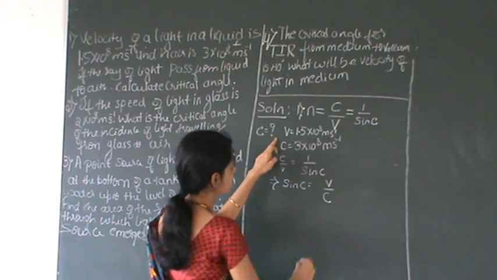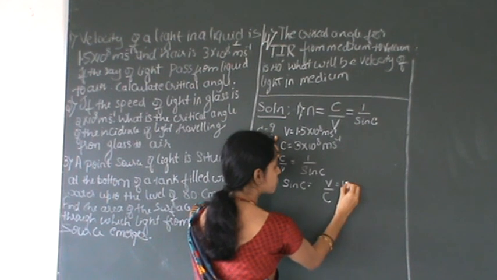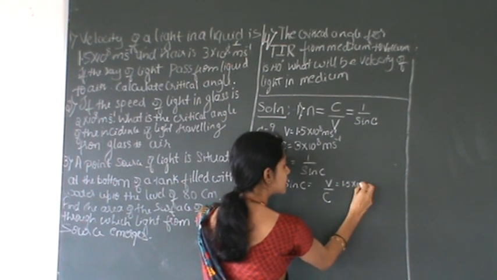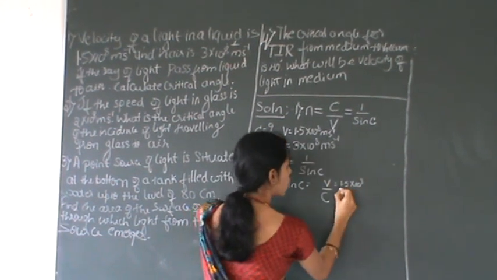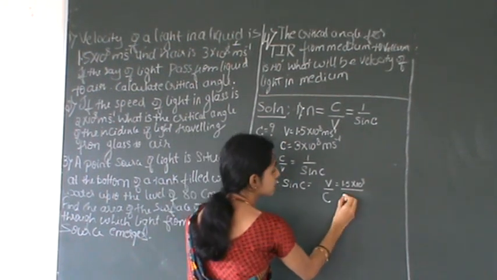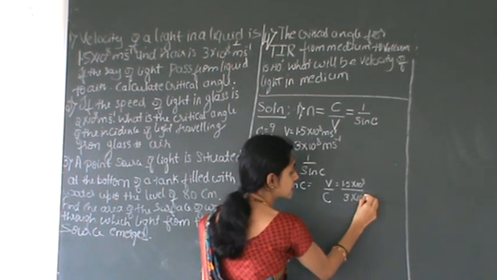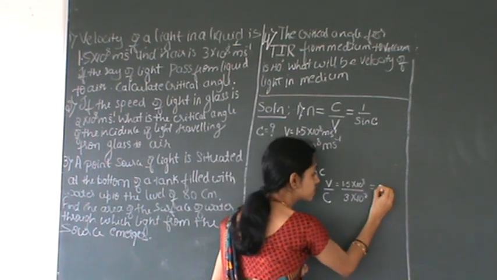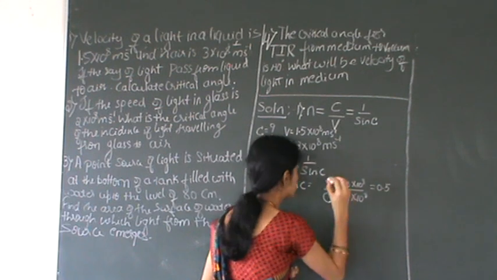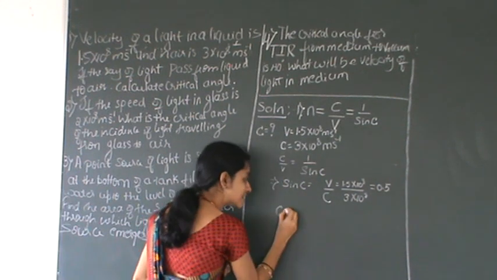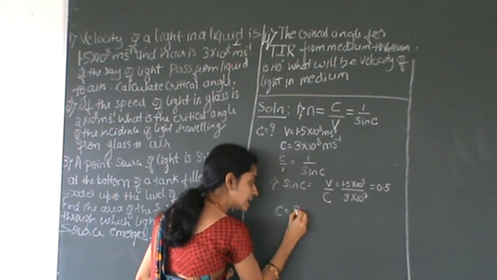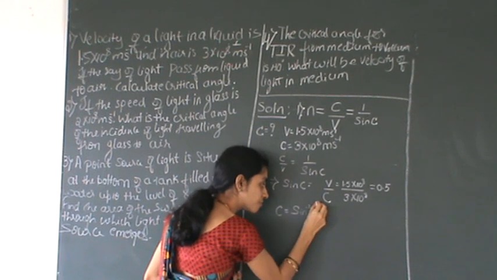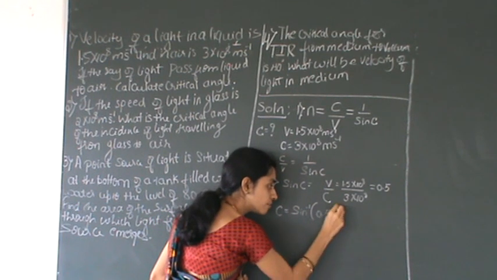What's the value of v here? 1.5 × 10^8. What's the value of c here? 3 × 10^8. If you simplify, what you will get? 0.5. So the critical angle c = sin inverse of 0.5.